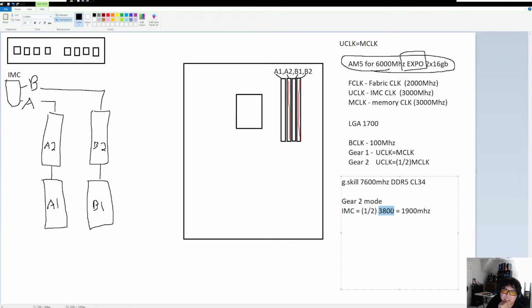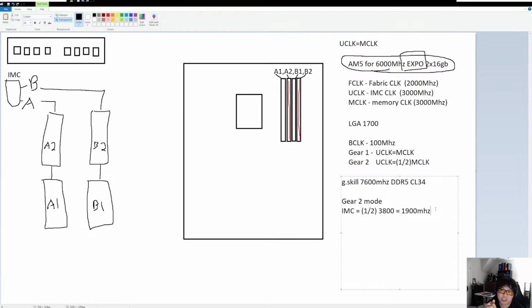Asking the IMC to run at 3800, I haven't seen one that does that, maybe with an insane amount of voltage. But that's pushing not just voltage on the RAM, because typically you're running the RAM at like 1.4 volts, or if it's not binned, maybe 1.43 volts.